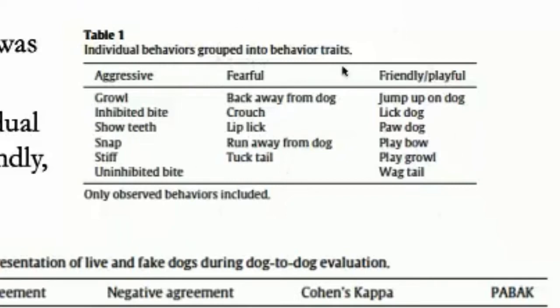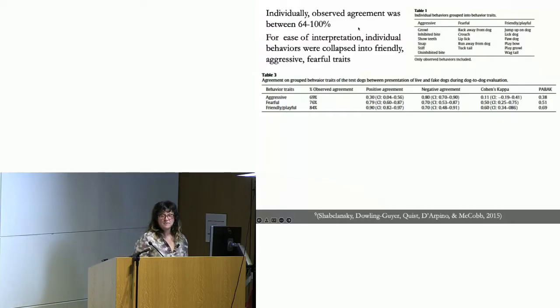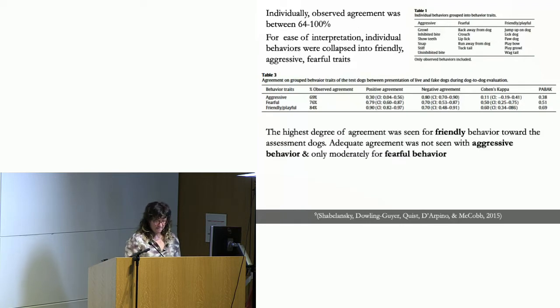Fearful behaviors, with either of the dogs, were backing away from the dog, crouching, lip licking, running away, and tail tucking. Friendly or playful behaviors were jumping on the dog, licking the dog, pawing, play bowing, play growling, or wagging their tail. So in an attempt to really understand what the dogs are doing, we collapse them down into these 3 behavioral traits: aggressive, fearful, friendly, playful.